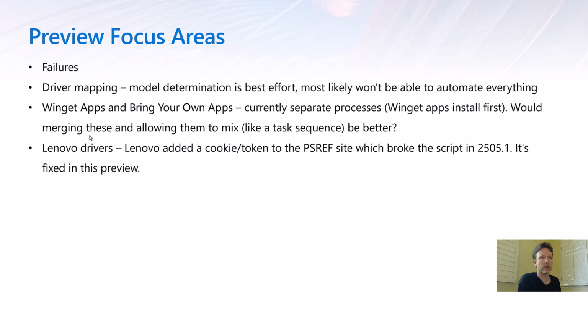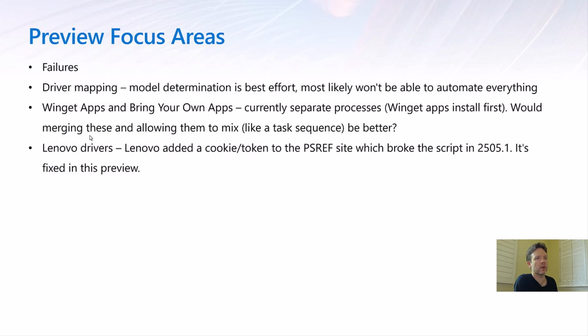So I've referenced the PSRef site to grab the make, model, and machine type, and that worked well up until last week. Over the past 2 days, I've been trying to rack my brain around how I can get this cookie token that they require. I've got a solution for it. It is in this build, and it's working, but it works in a pretty funky way.